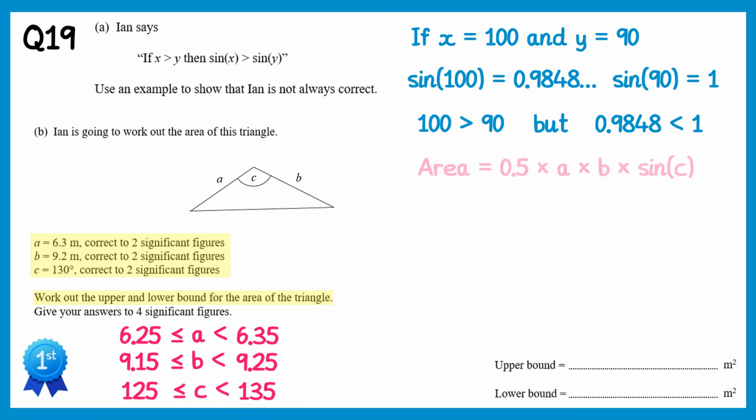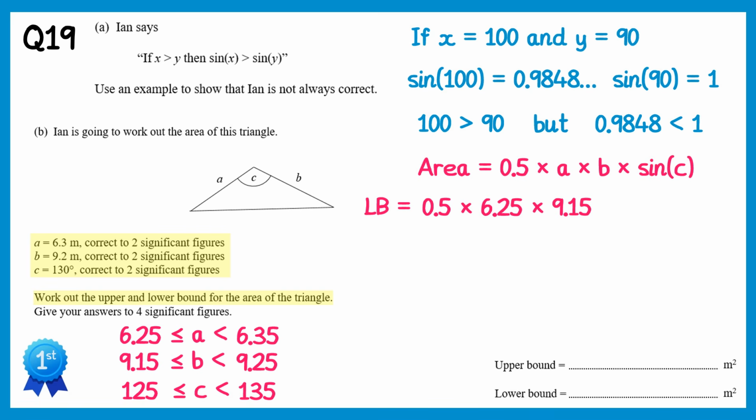You'd use the formula area equals 1/2 times a times b times sine c. So we need to put in some numbers here to try and make this as small as possible and as large as possible. So let's start with the lower bound. We'll do the area equals 1/2 times the lower bound of a, since we want that to be small, so 6.25, times the lower bound of b, since we want that to be small, so 9.15. Now you need to be really careful with this next bit.